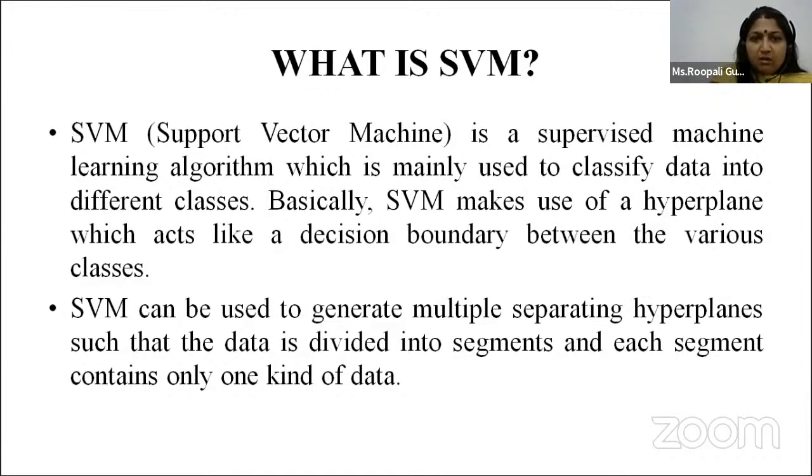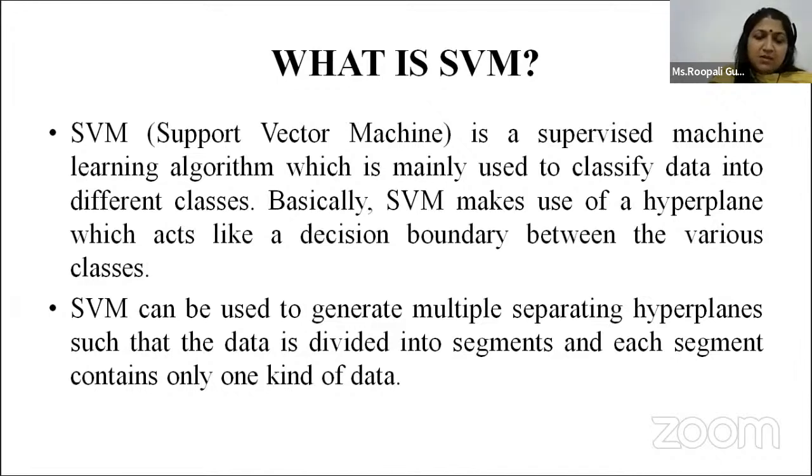Basically what happens in the support vector machine, I am going to discuss with you in detail later on. For the time being, you just understand what a hyperplane is. A hyperplane is basically a decision boundary which is used to separate the two classes. What we do, we make one hyperplane between the different classes, which acts as a decision boundary, right?